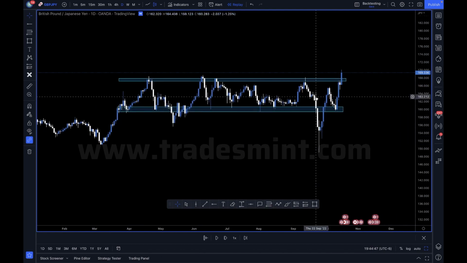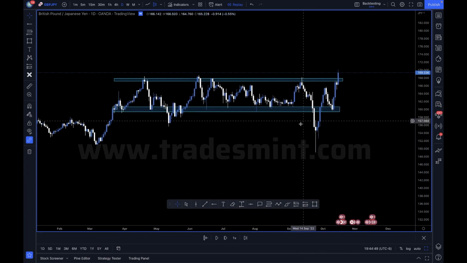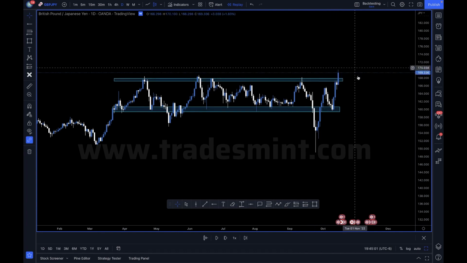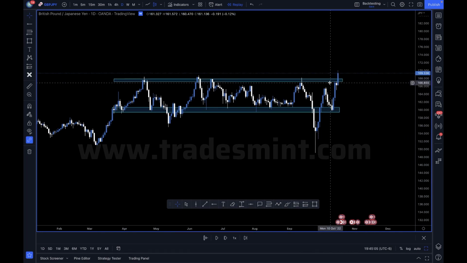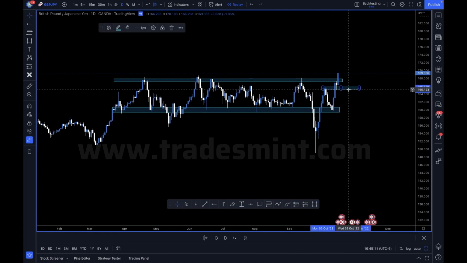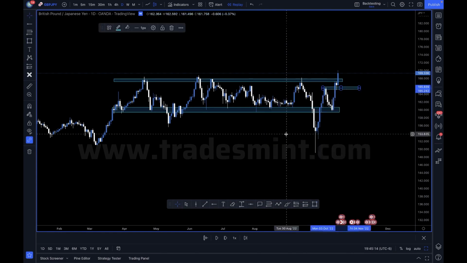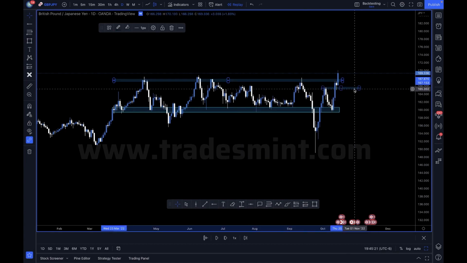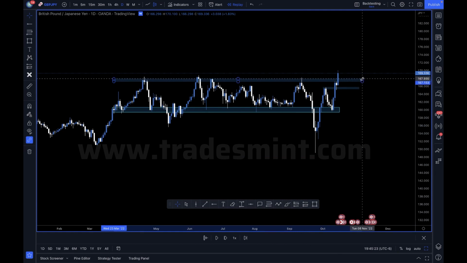But what happened here is the price came down here and came up to this area, and then it broke and made a new high here. So number one, I'm going to be marking up these two zones, okay, as potential places for price to come back to and react to, for it to continue higher.